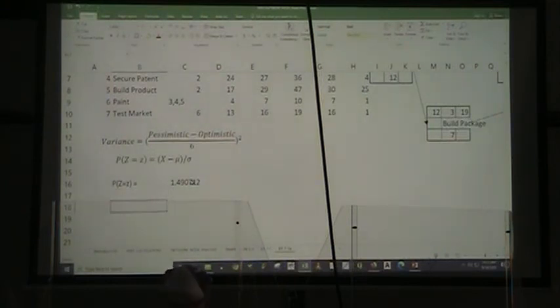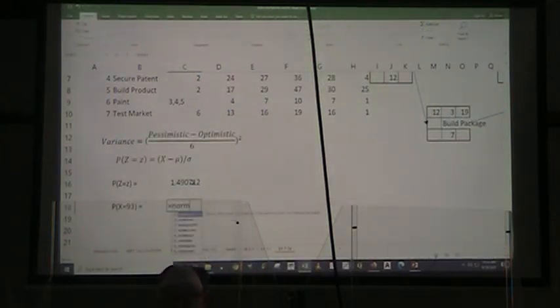What I am going to do is say probability that X equals 93 equals, and I'm just going to cheat and go equals NORM.S.DIST. What that's going to do is convert my Z number to the probability.